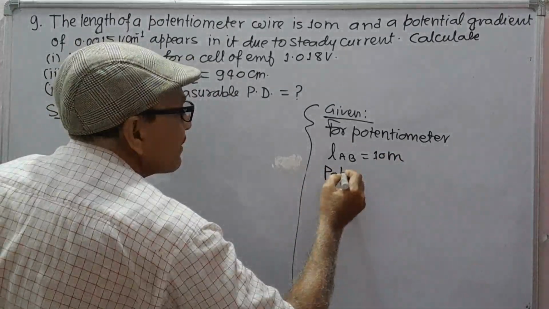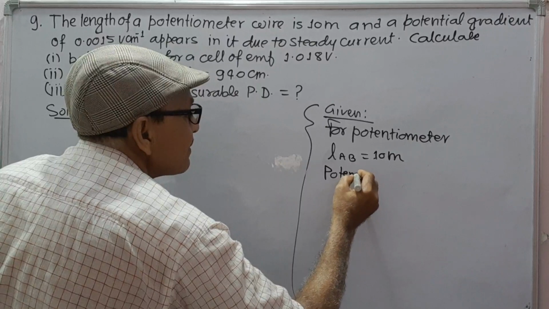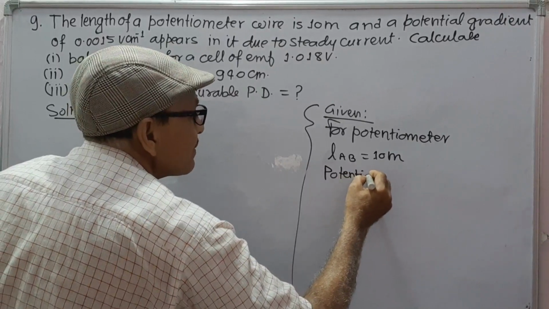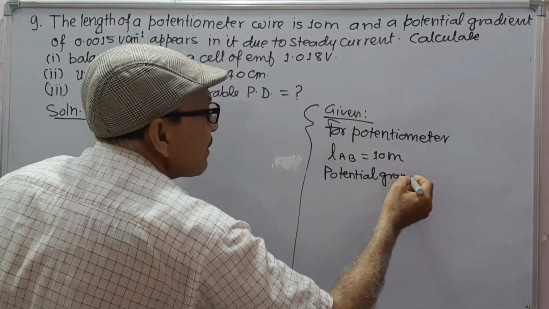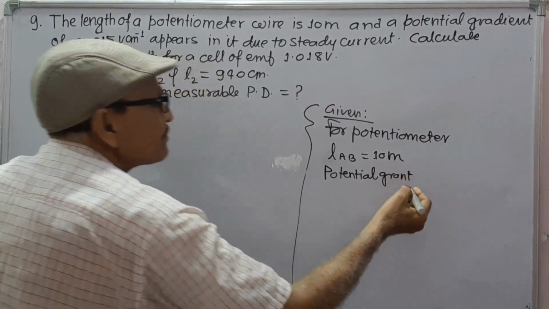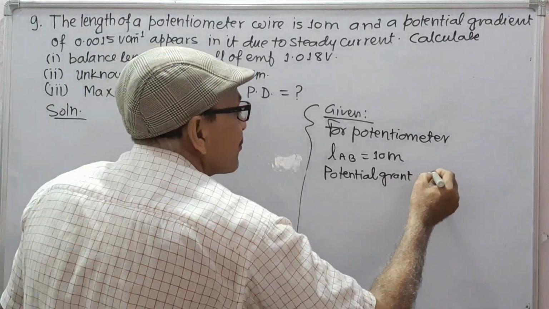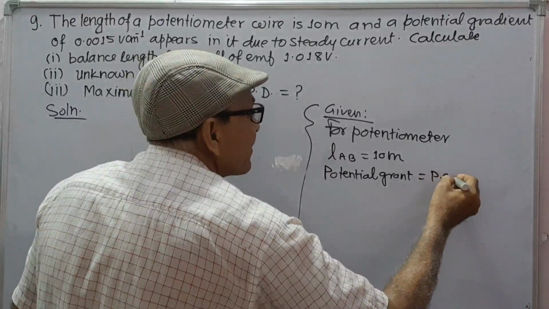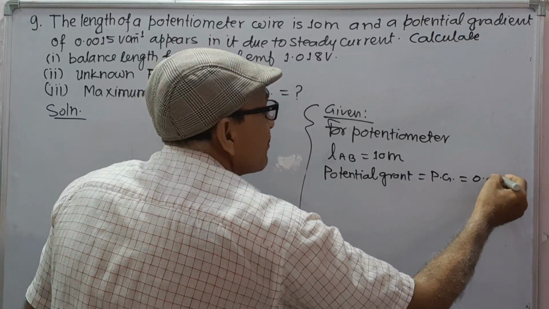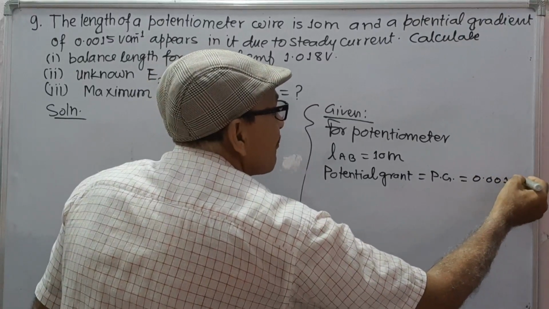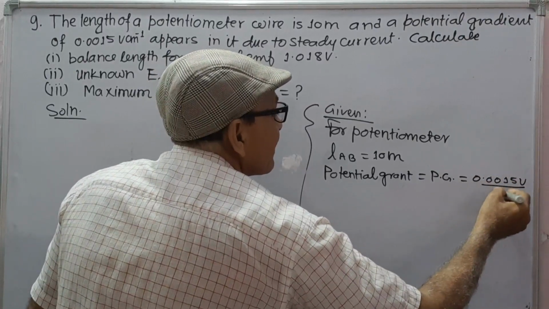Potential gradient, suppose potential gradient is equal to 0.0015 volt per cm.